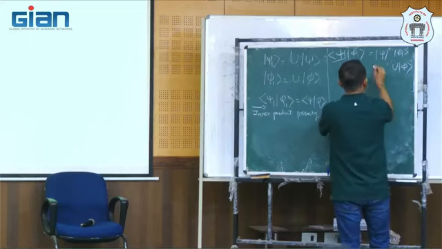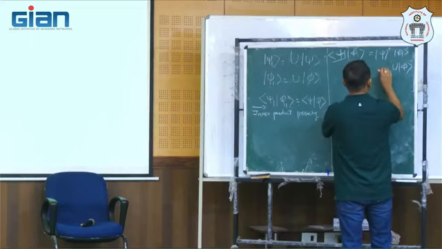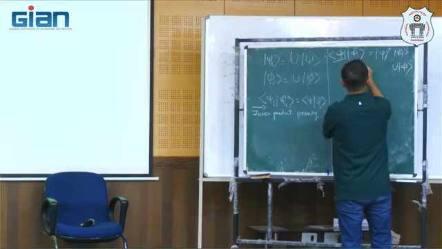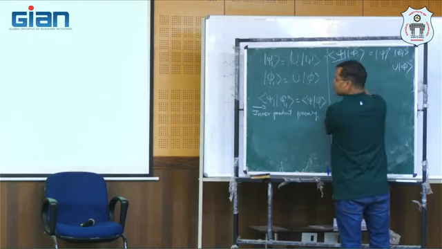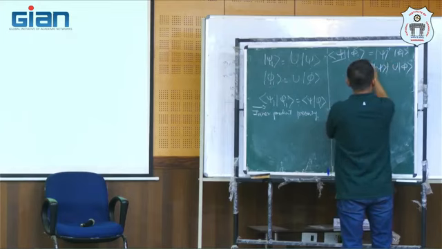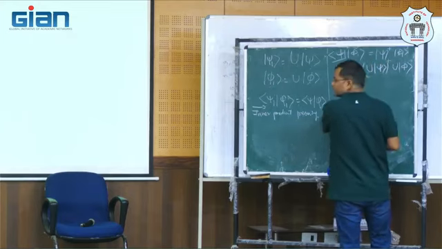Just write what is ket psi 1. Ket psi 1 is U psi, put the whole thing dagger. Agreed?